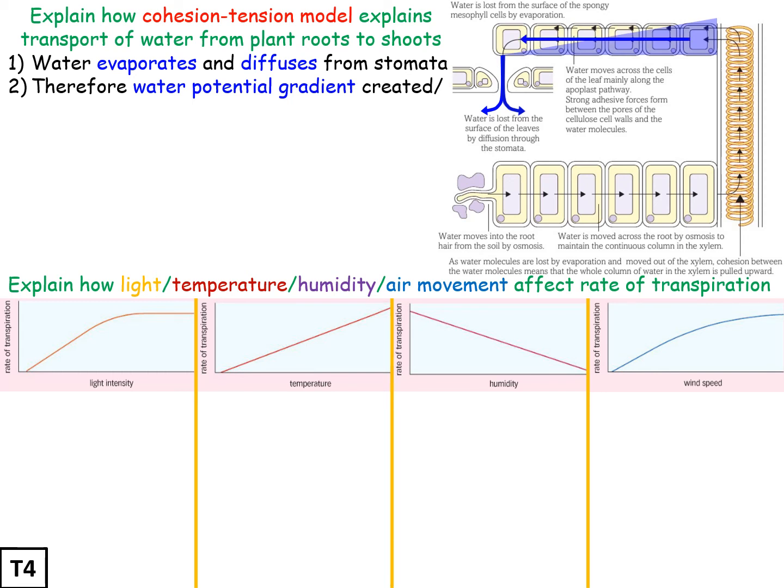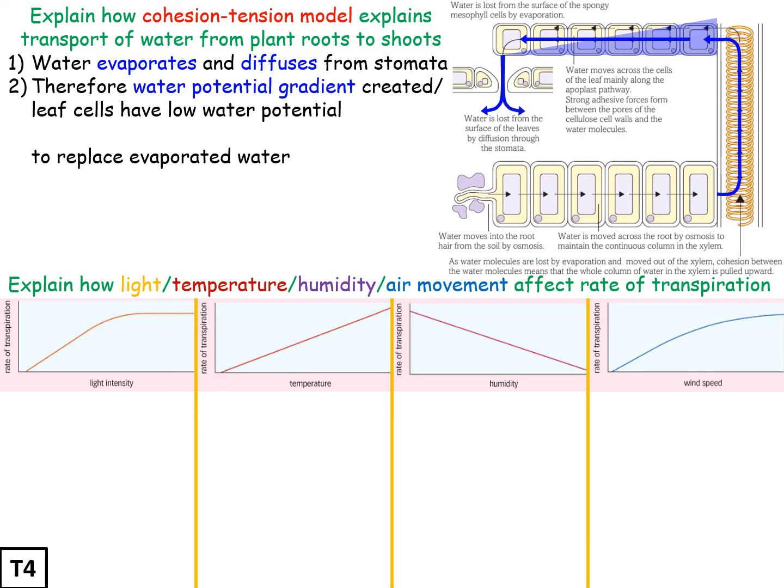So this causes water to move from a higher water potential in the surrounding cells to a lower water potential in the cell that has just lost water that's been evaporated. So those cells will now have lower water potential due to the evaporation. So they need their water to be replaced.